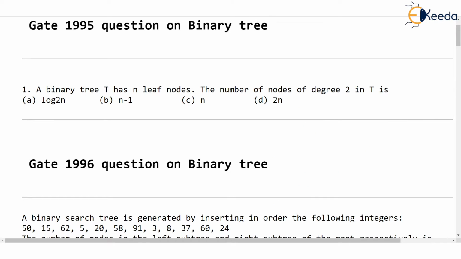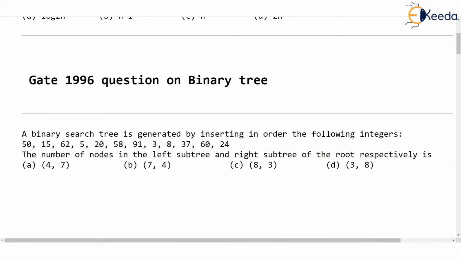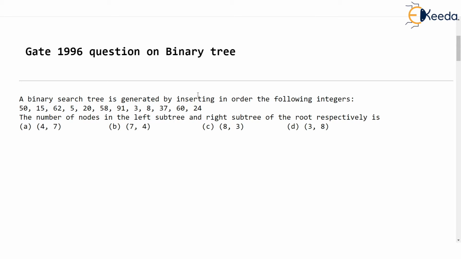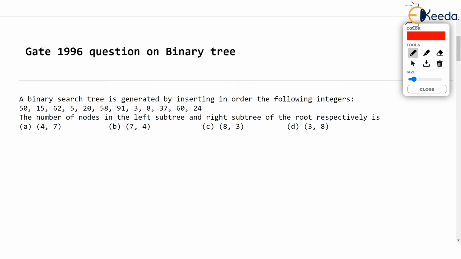Let's continue with the GATE 1996 question on binary tree. The question says some numbers are inserted in this sequence: 50 is first inserted, then 15, then 62 and so on, into a binary search tree.